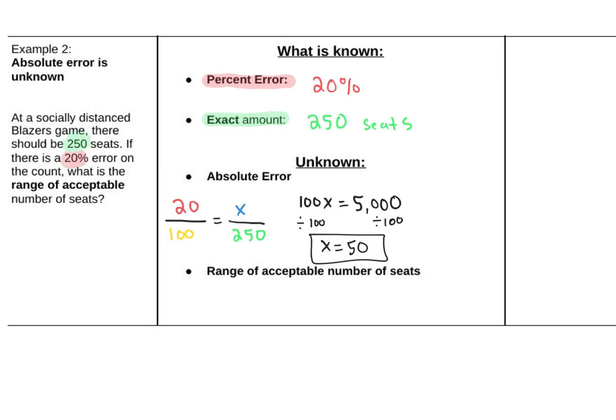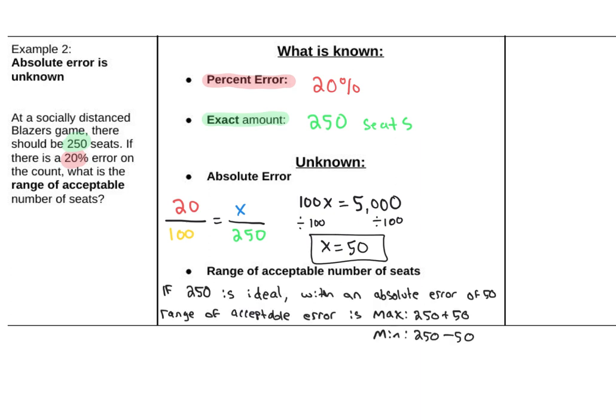Here's the proportion, how I set it up with my percent error of 20%, my exact amount of 250. I used cross multiplication to solve and came up with x equals 50. So, range of acceptable seats.